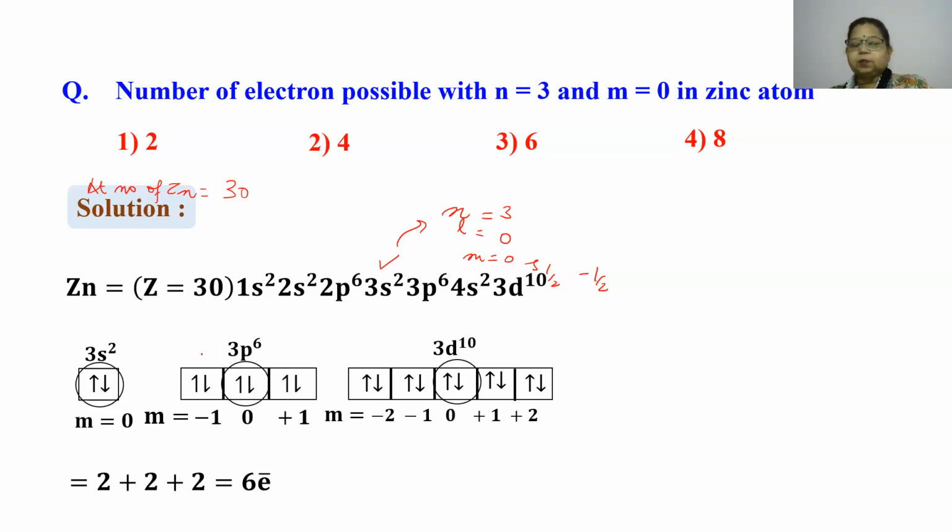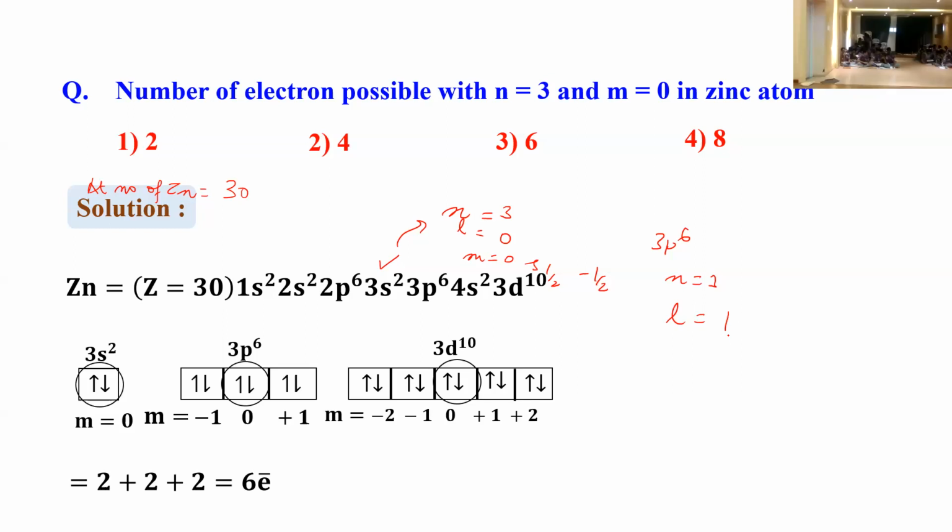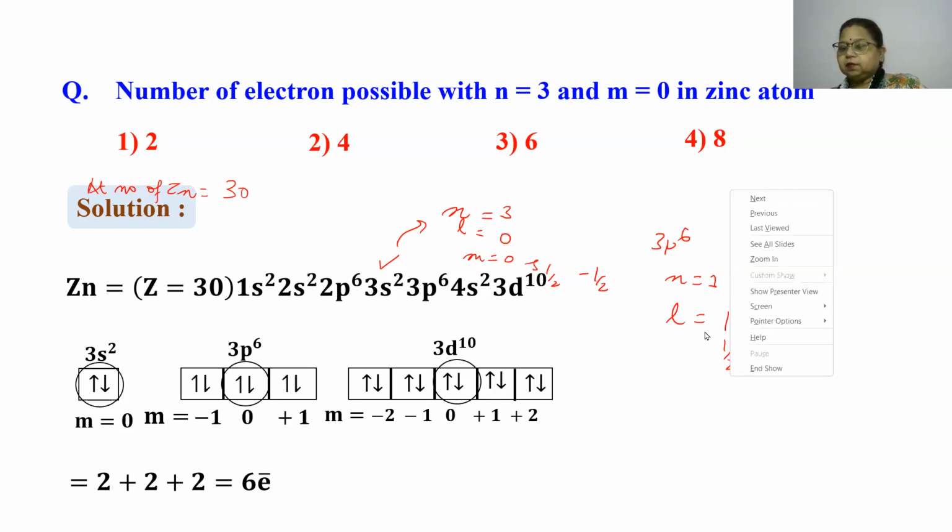If I look at 3p6, how will you go about it? n is equal to 3, l is equal to 1. There will be plus half, minus half, 2 electrons, right? l will be 1, m will be 0, 1.